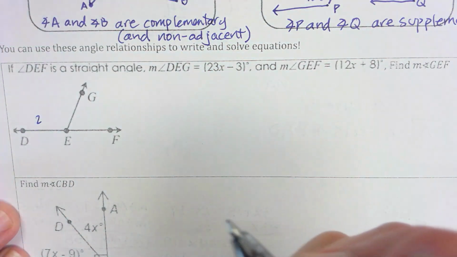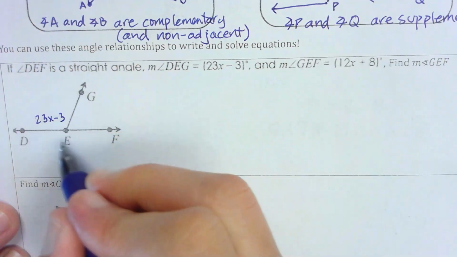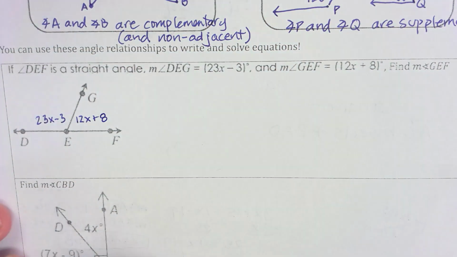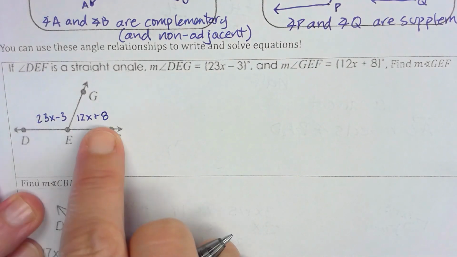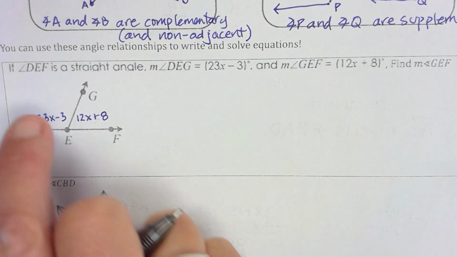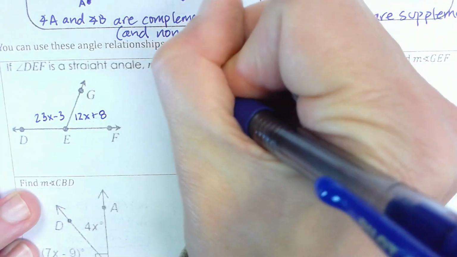DEG is 23x minus 3. And GEF is 12x plus 8. Find GEF. Okay, I have a straight angle, right? That's 180 degrees. These are the two angles that make up that angle. So I know that if I add these two together, I'm going to get 180.